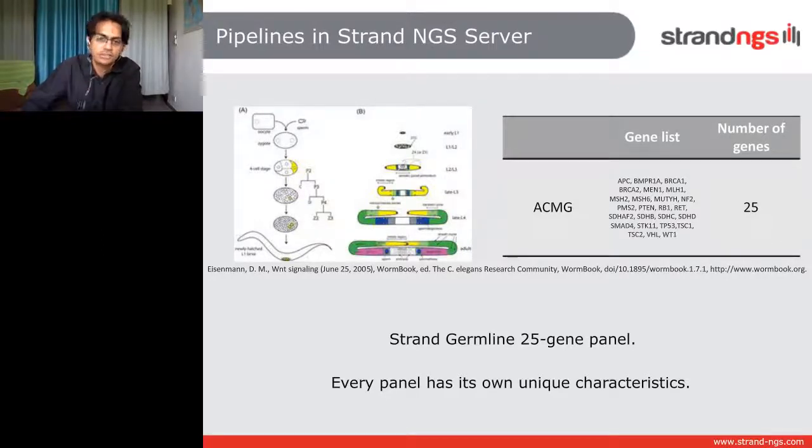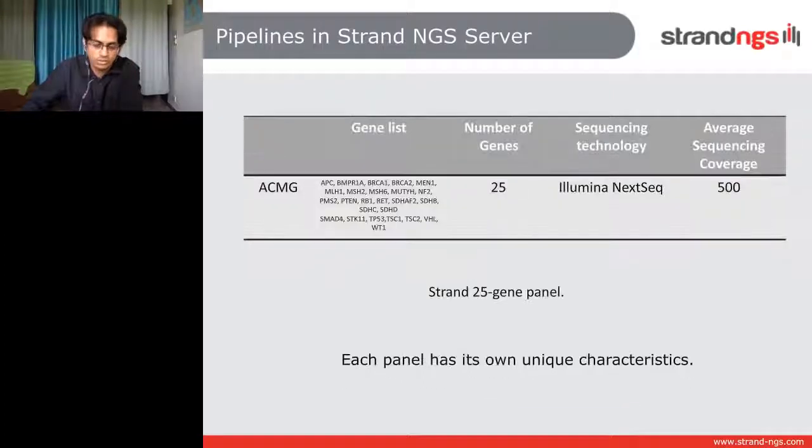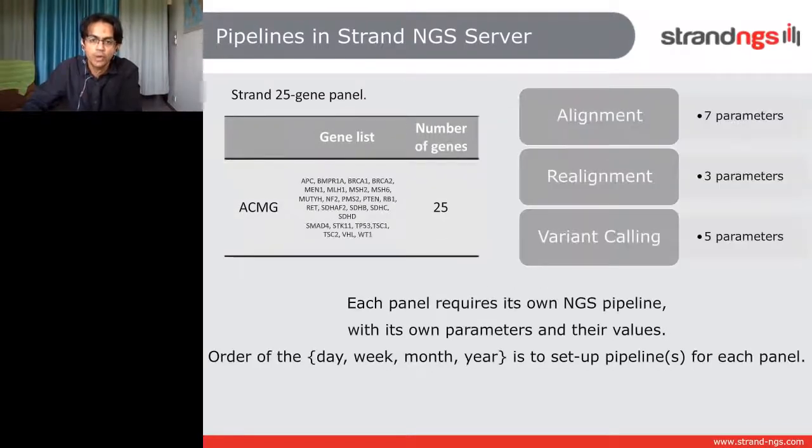It has a certain sequencing coverage. It's based off a certain sequencing technology. It has a number of genes and so on, right? But every panel like this has its own set of characteristics, and every panel, therefore, because of its individual nature, requires its own NGS pipeline with its own parameters and their values, right?